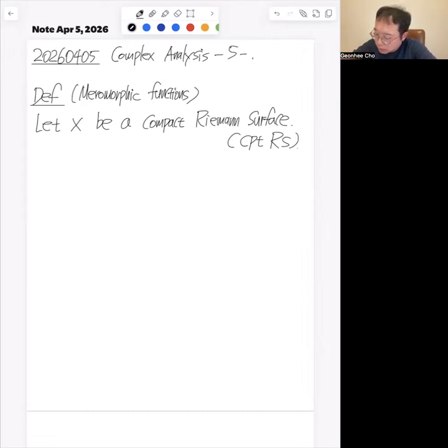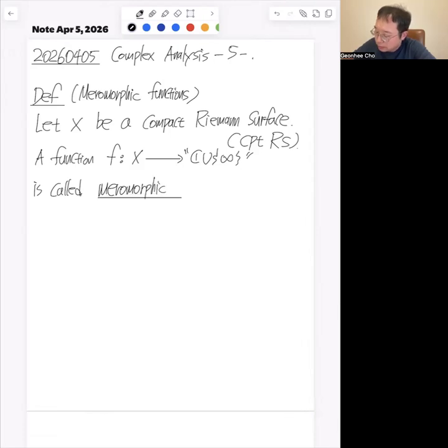So we will call a function f from X to C, including the infinity, meromorphic. Of course, there are several equivalent criteria, but let me just give the simplest possible statement.